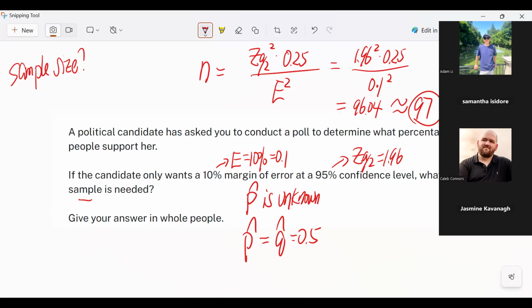And so let's say if we want to improve the margin error, maybe reduce to 1%, right? Hypothetically speaking, if the margin error is 1%, and then 99% confidence.